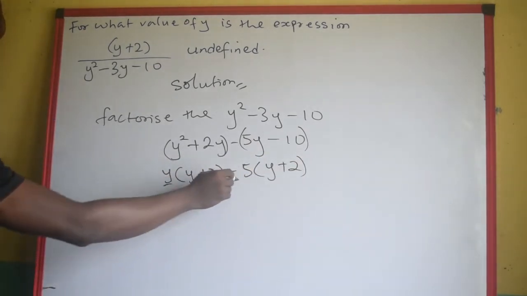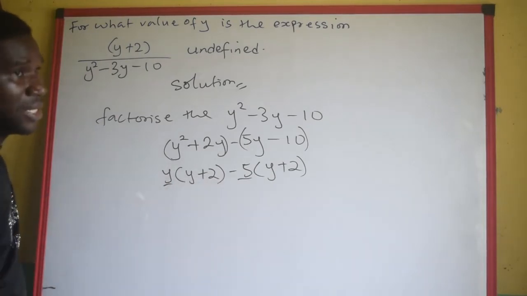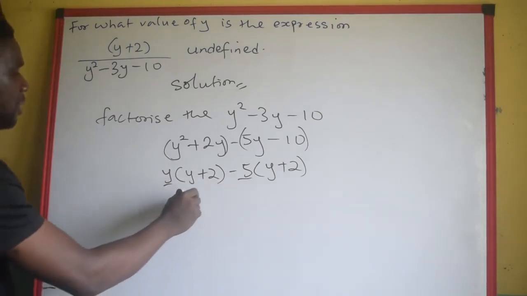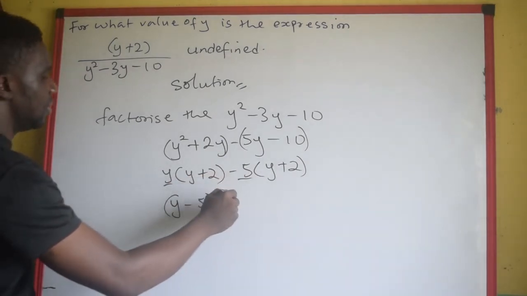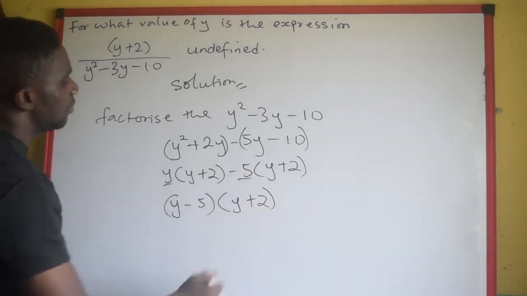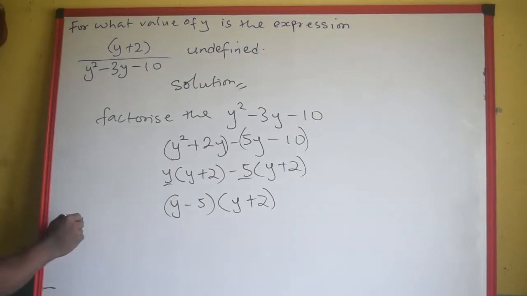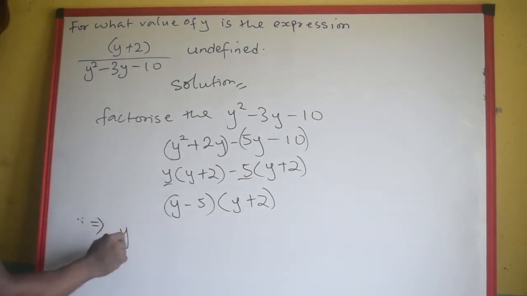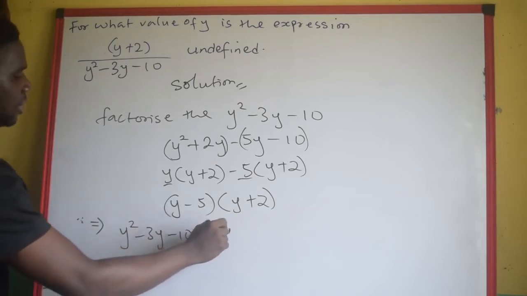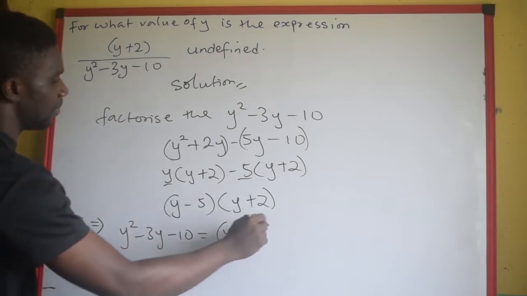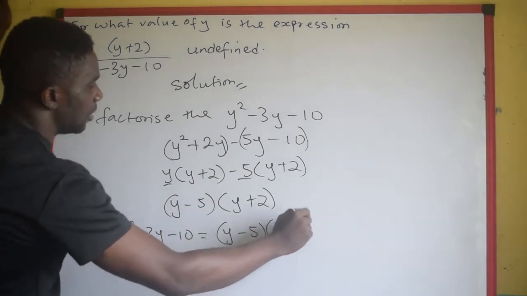We'll take the terms that are outside the bracket. We'll have y minus 5. Put them in one bracket and take any of these. So therefore, it implies that y squared minus 3y minus 10 is the same thing as this. These guys are the same.